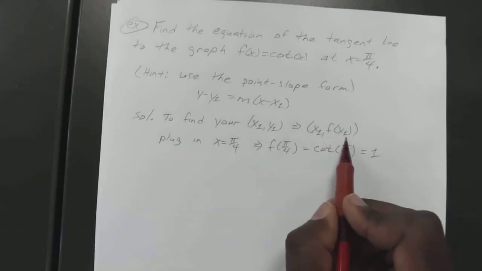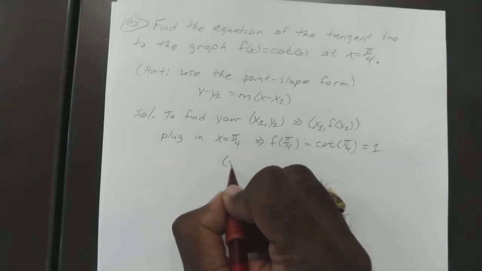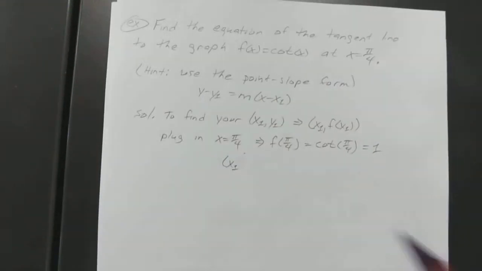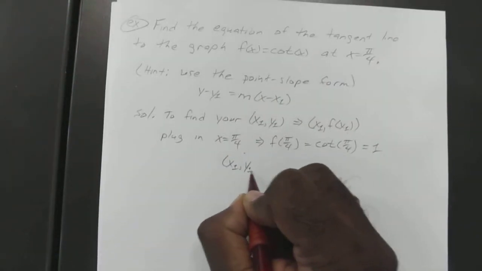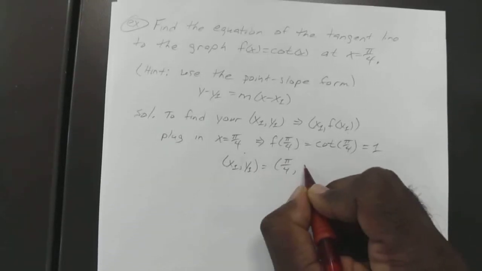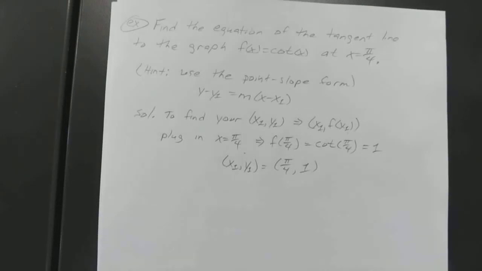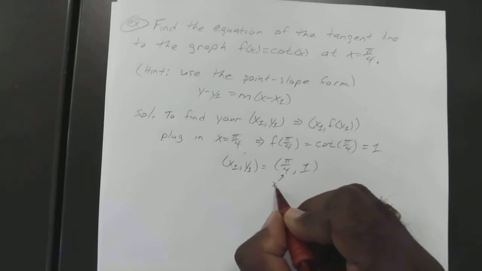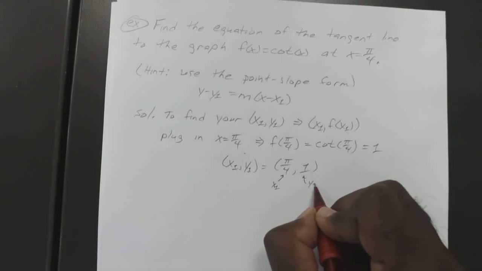So your x1, y1, is actually equal to pi over 4, 1. Okay, so we have our point. All we need is our slope at pi over 4.